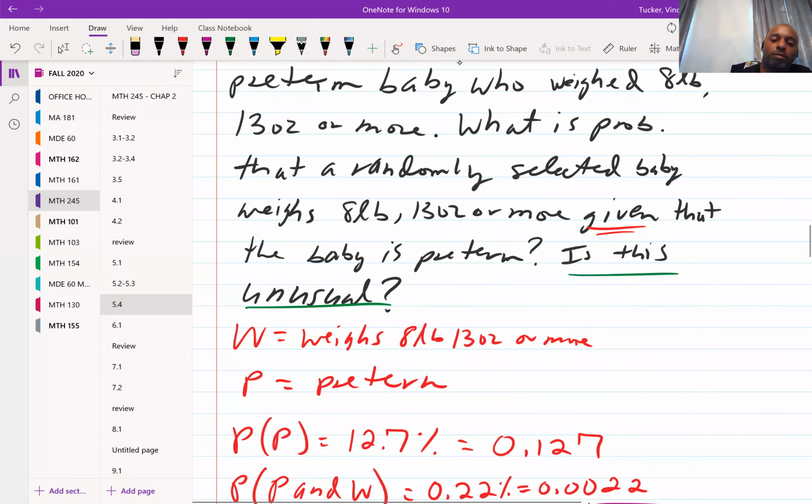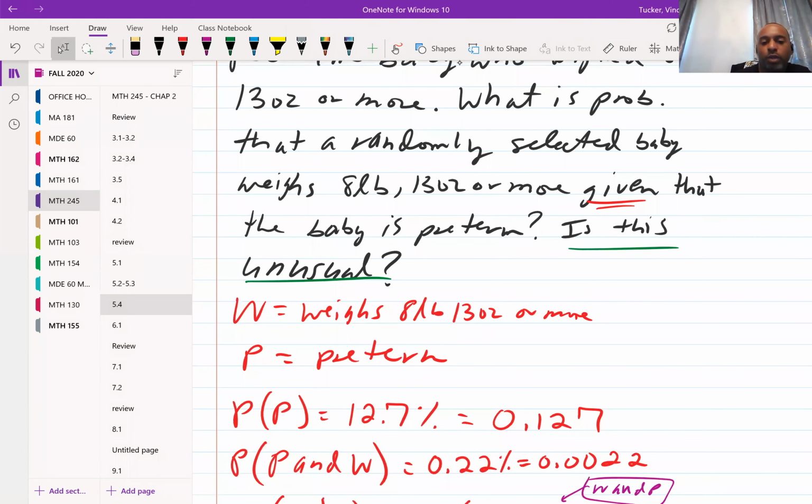So the probability of getting a preterm baby is 12.7%. Go ahead and convert that to a decimal, 0.127. And then the probability of having a baby that's preterm and weighing 8 pounds, 13 ounces or more is 0.22%. Converting that to a decimal is 0.0022. And that information we all got from the problem.